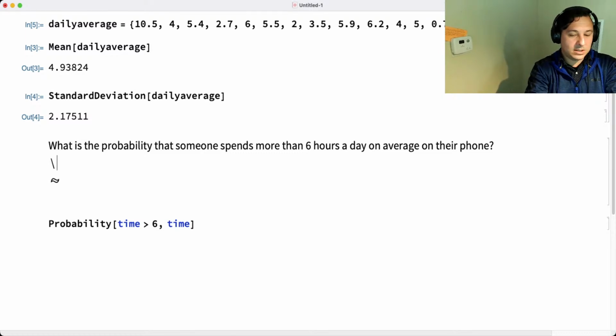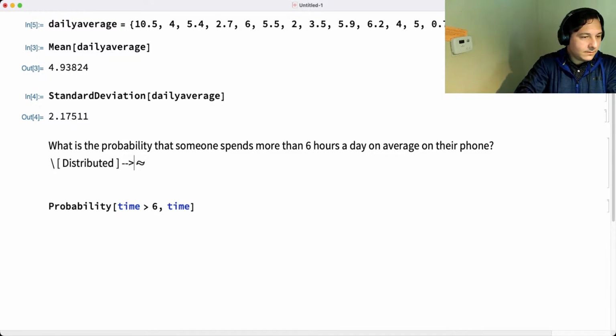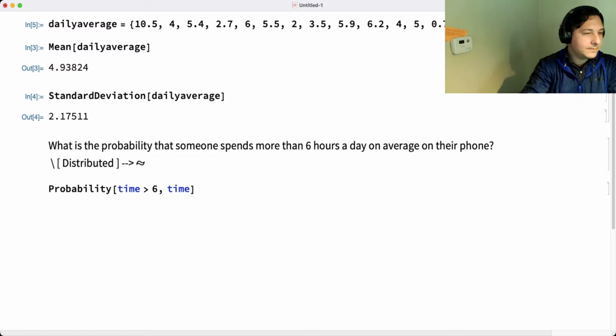So backslash, bracket, distributed, like this, will end up becoming that thing. So I type backslash, bracket, distributed. Oops, I did not put it in the right place. Distributed.